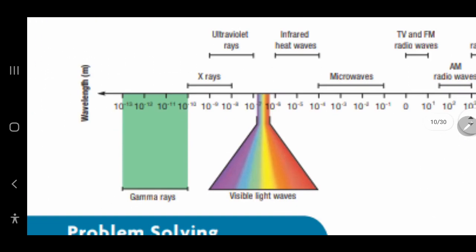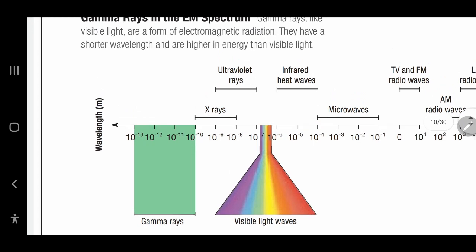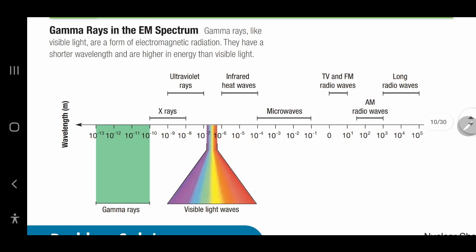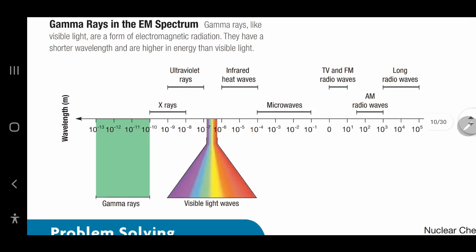Just to remember, this is the electromagnetic spectrum figure. As we can see here, gamma ray is the last one, with the highest energy and highest frequency, and the lowest wavelength.